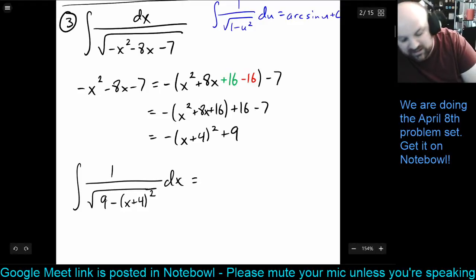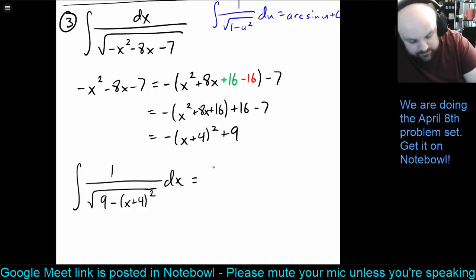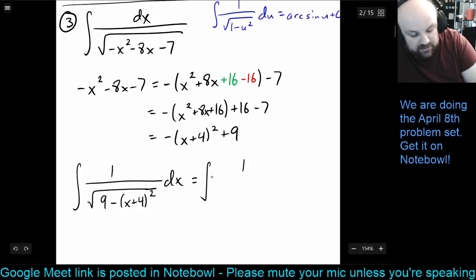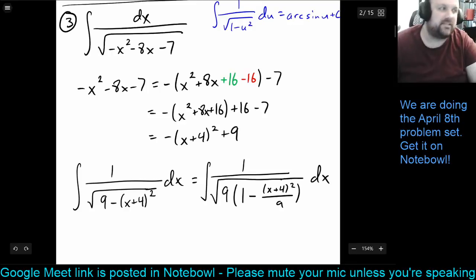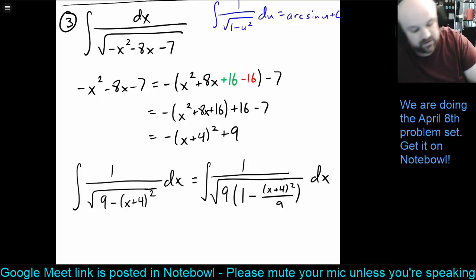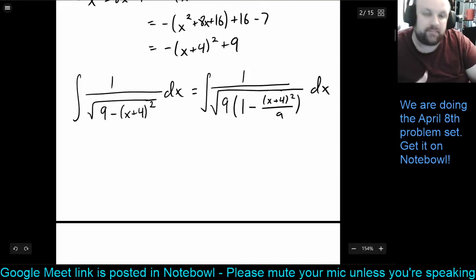So if we factor the 9 out of the bottom, well, let's do this really carefully, just so it makes sense what's going on. I want to factor 9 out of that stuff there. So it factors out as 1 from the first part, and in the second part here, this. So that makes sense. All right, now I want to manipulate this a bit.